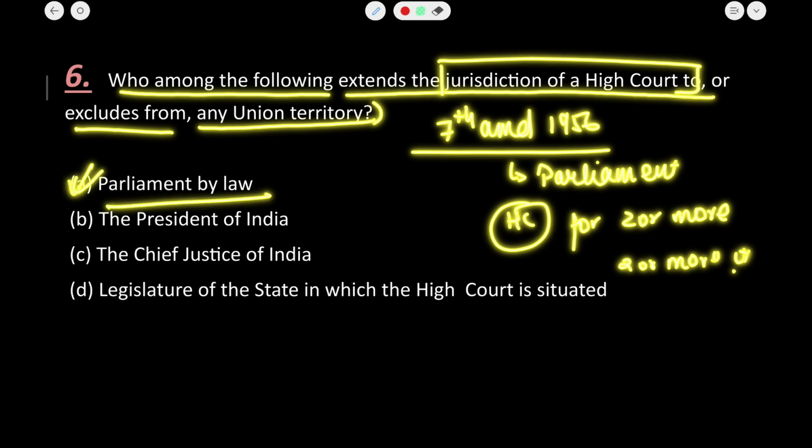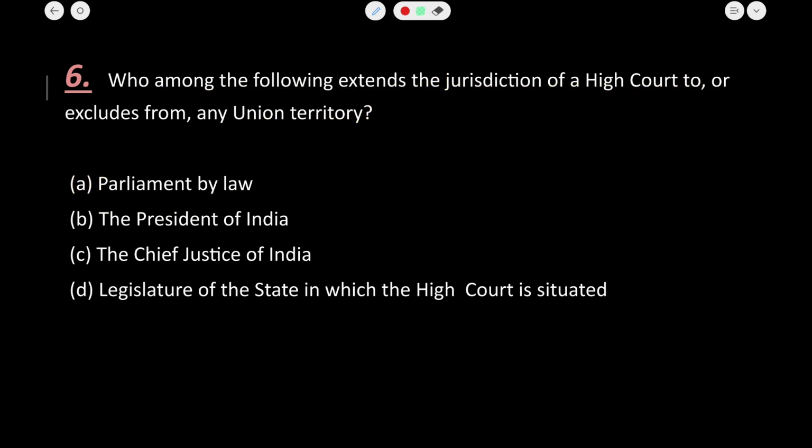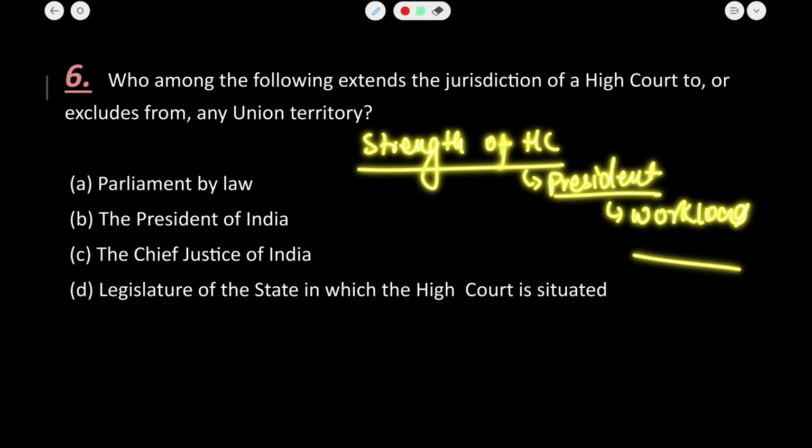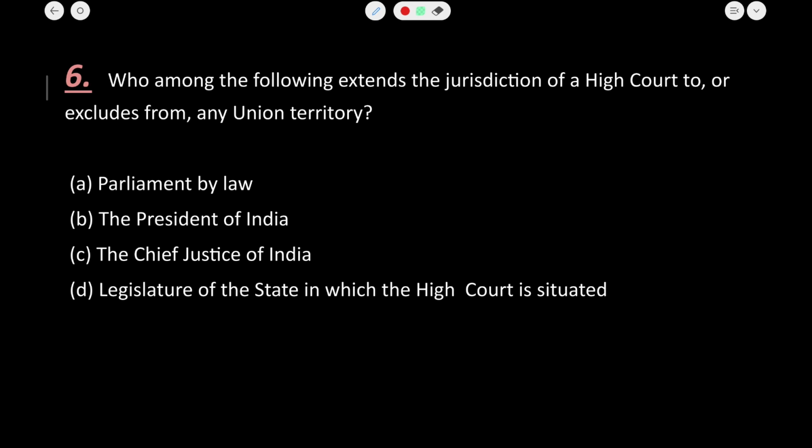The Parliament may by law extend the jurisdiction, but if the question is asked about the strength of the high court, then it is up to the President who decides, depending upon the workload on that high court. So the correct answer to this question is A.